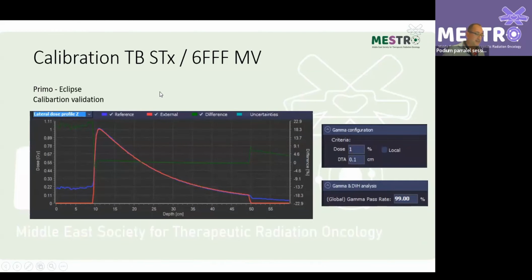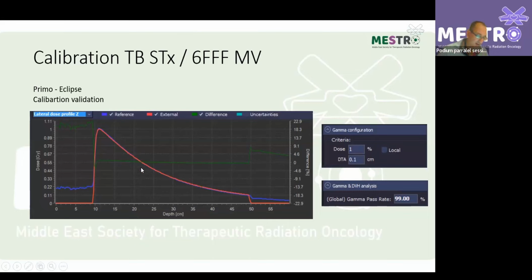To validate this calibration conversion factor, I calculate a PDD in Eclipse under reference condition, 10 by 10, SSD 100, water phantom, and the plan is sent to PRIMO for simulation. The simulation result gives a good agreement between Eclipse and PRIMO. The red curve is the PDD from Eclipse, and the blue curve is the PDD obtained by PRIMO.